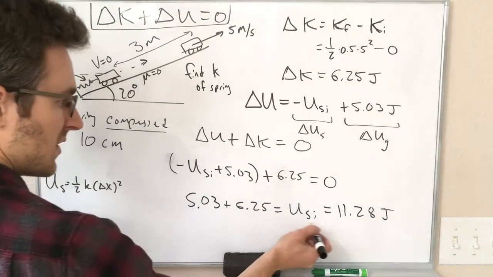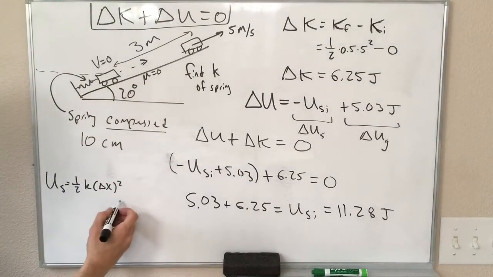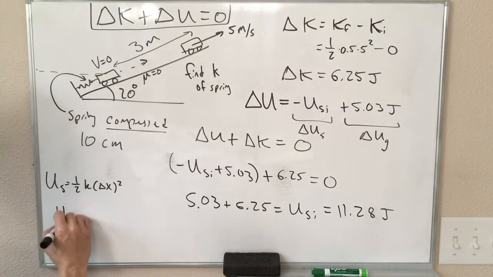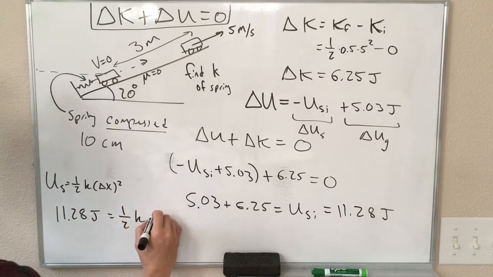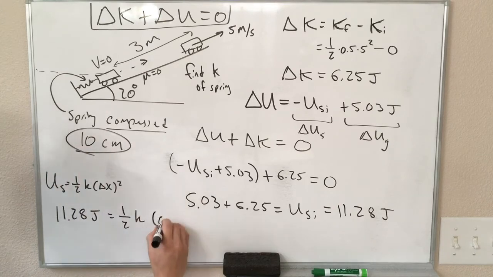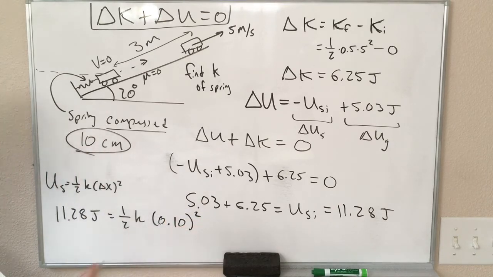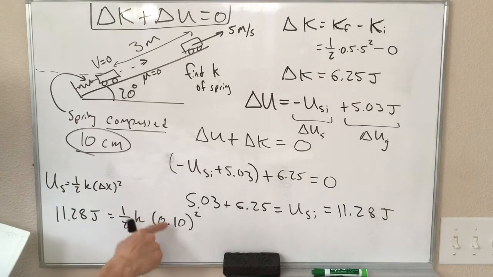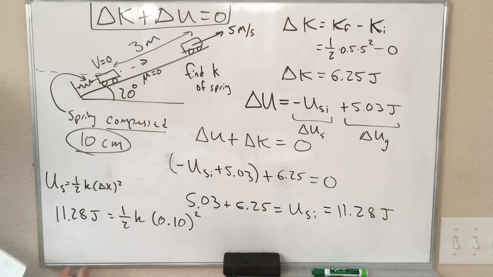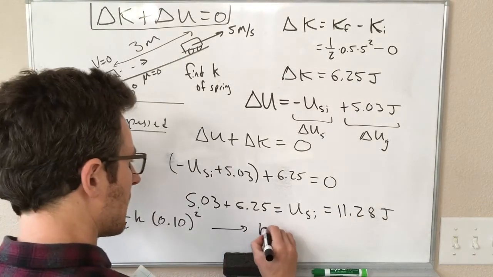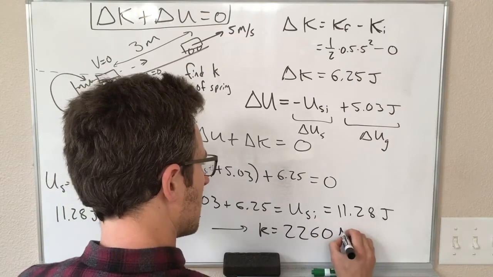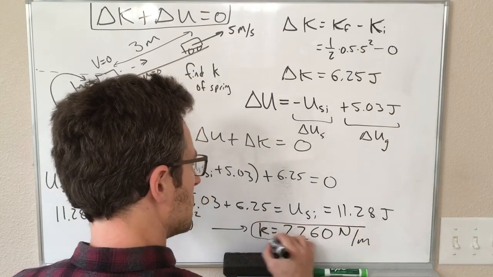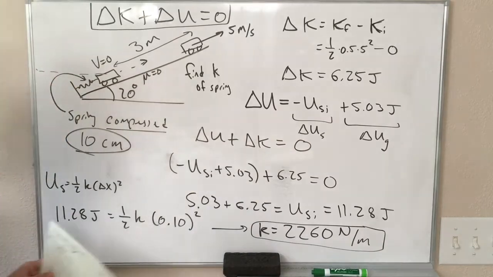So this, of course, is equal to 1/2 K delta X squared. So 11.28 joules is equal to 1/2 times K times 10 centimeters, which is 0.1, squared. So solving this, multiply both sides by 2, divide by 0.1 squared, and that gives us that K is equal to, and this is a pretty stiff little spring, 2,260 newtons per meter.